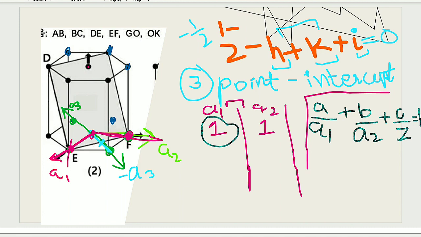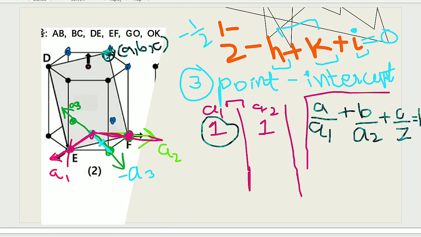And one tip, let me first show you what a, b, c are. You take any one point on the plane, maybe this corner point, and the coordinates of this point will be a, b and c. You will find the coordinates of this point relative to the origin.